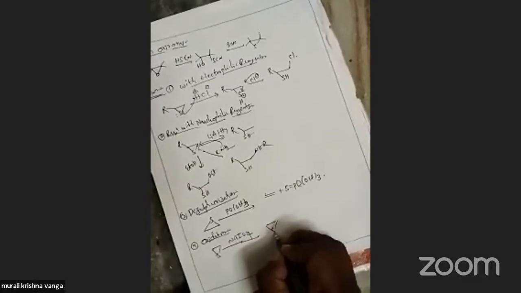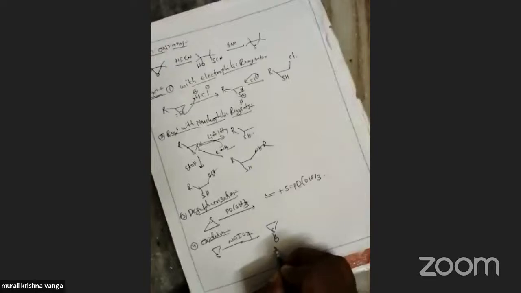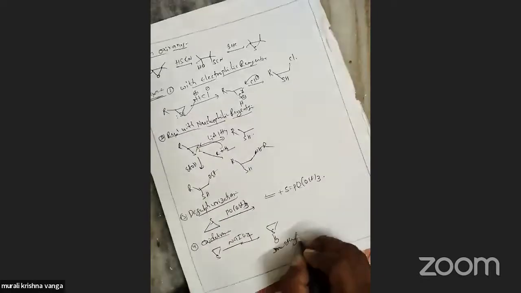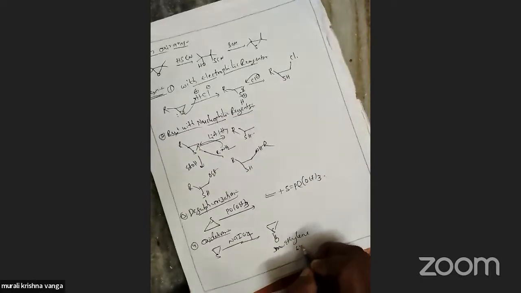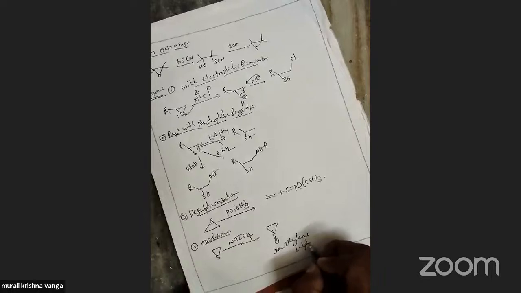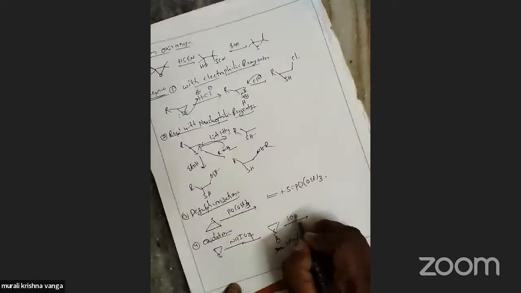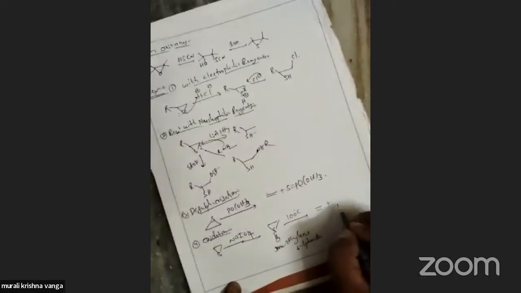The oxygen atom attacks sulfur, and ethylene sulfoxide is formed. This ethylene sulfoxide, when heated to 100 degrees Celsius, gives alkene plus SO.